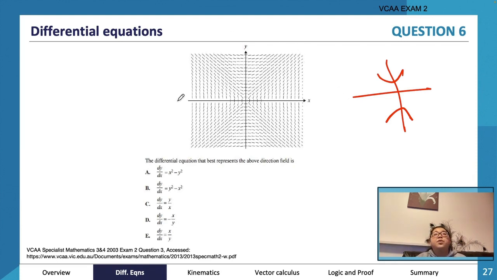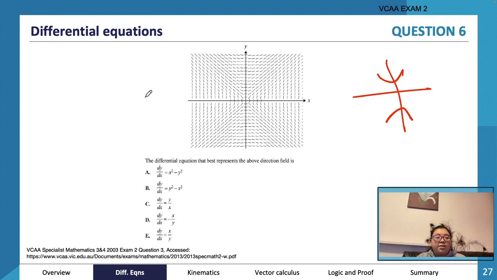So if we move along the vertical axis here, it's a bit hard to see, but I can see that the lines are kind of going straight down like that. You can see how lines are going straight down.